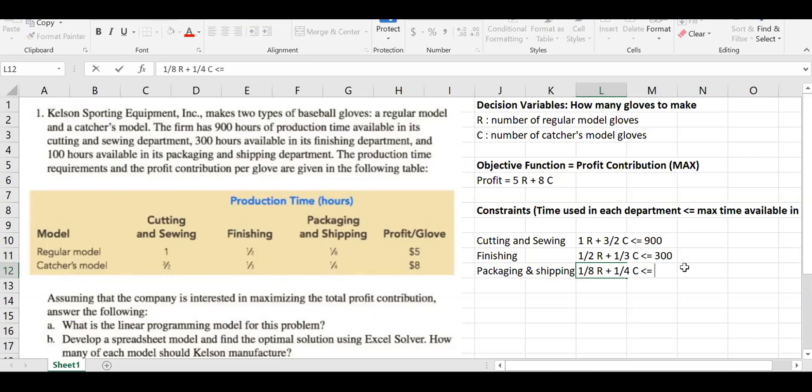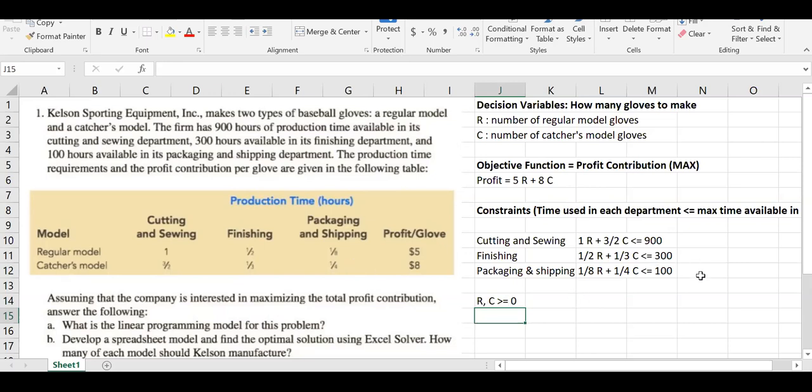That cannot be more than 100 hours, the maximum number of hours available in the packaging and shipping department. All right, so we took care of everything. The only thing left is non-negativity. R and C should both be greater than or equal to 0. This is the formulation, the answer to part A, the linear programming model.